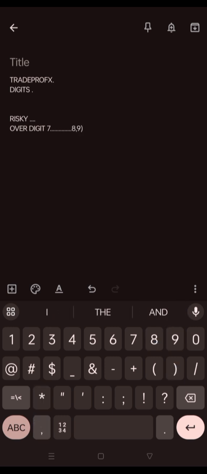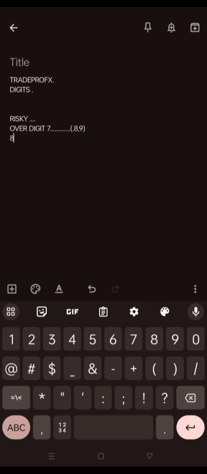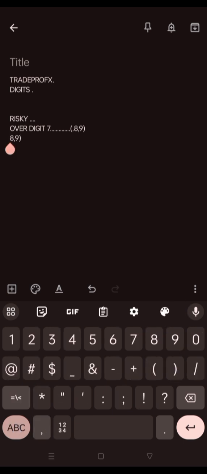I guess everyone knows about it. So to be honest, this digit 8 or 9 in Deriv trading, it's very difficult to predict that this market will, the cursor will point digit 8 or 9.